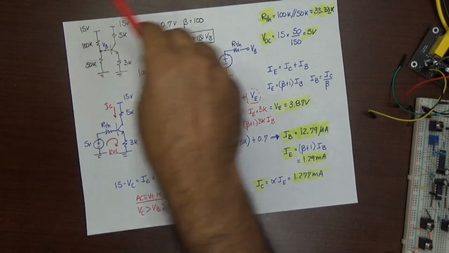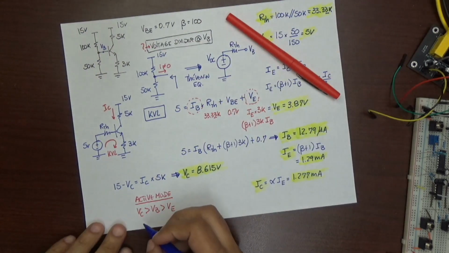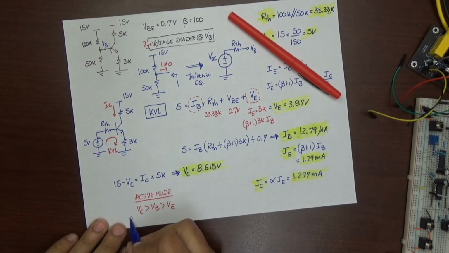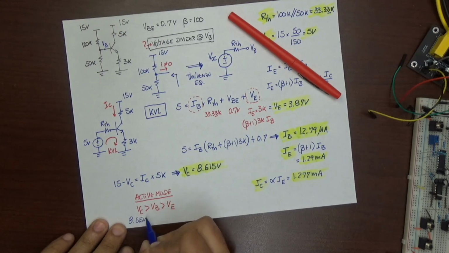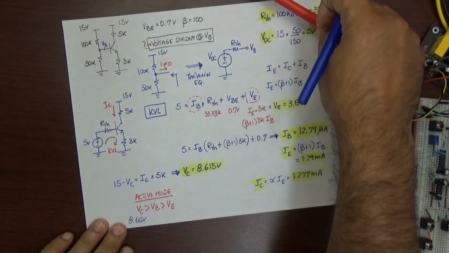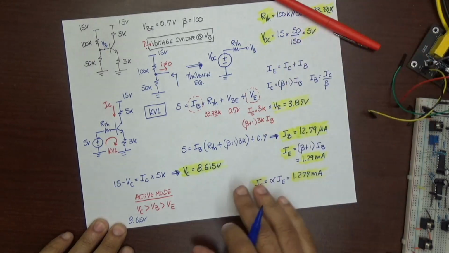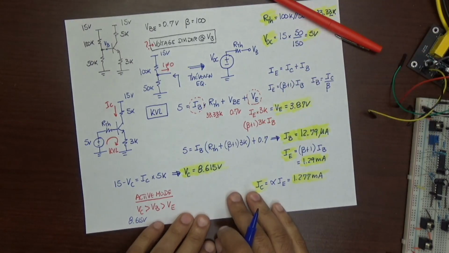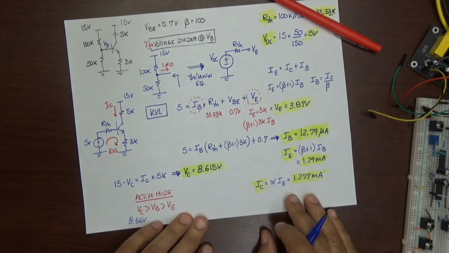If I put those values, VC is 8.615, and I'm actually missing VB. I didn't calculate it because I didn't need it so far. So let's calculate that VB, and we know that VB is related with VBE.